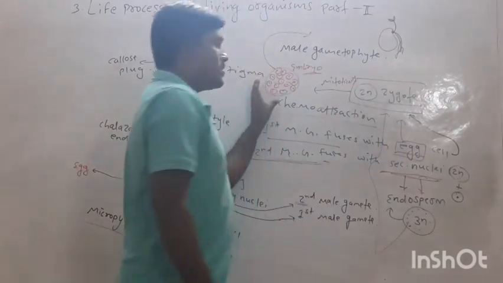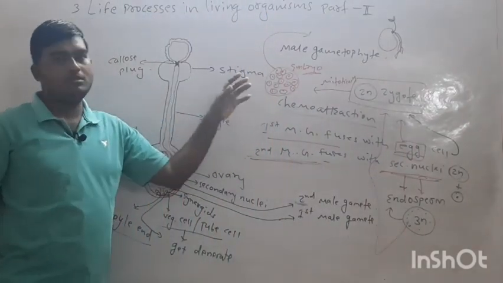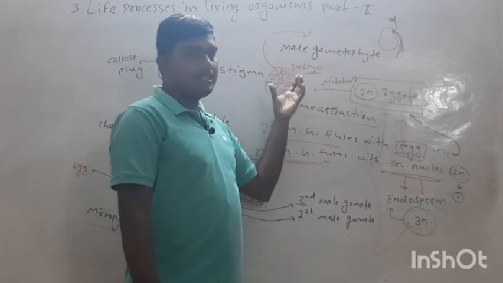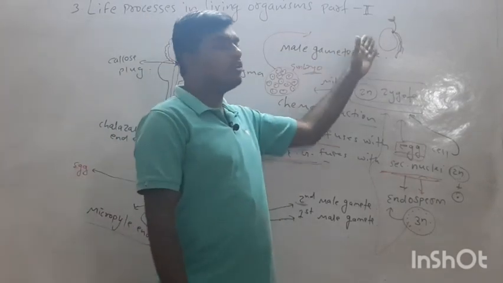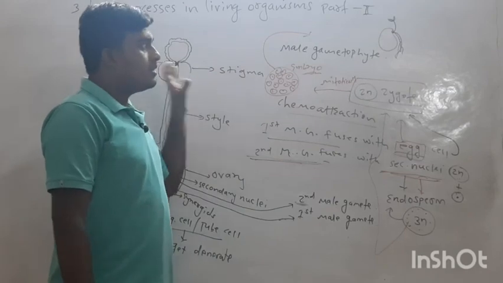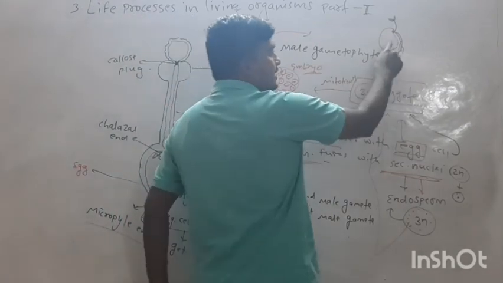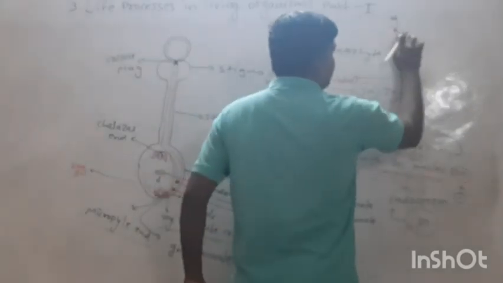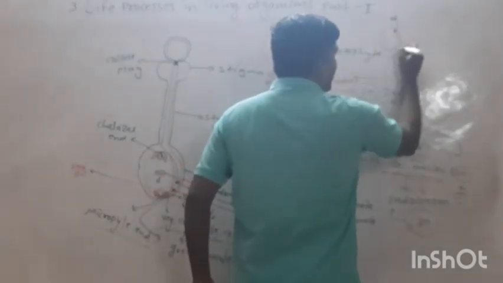So after the embryo converts into various shapes, that embryo is the seed of that particular species of plant, and that seed is able to germinate. Firstly, that seed has two parts.